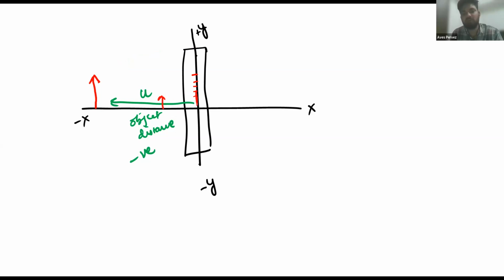So the object height, the height of the object, is always taken as positive.